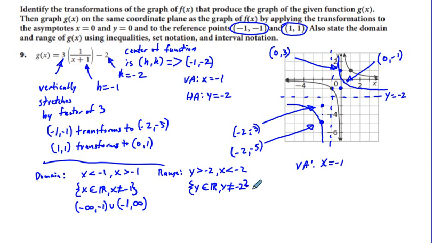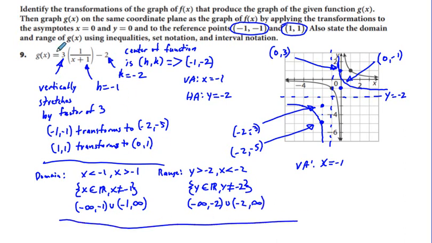And then finally, in interval notation, we have greater than -infinity up till less than -2, union greater than -2 to less than infinity. Okay, now I think we have everything.